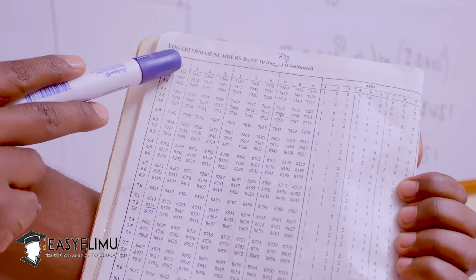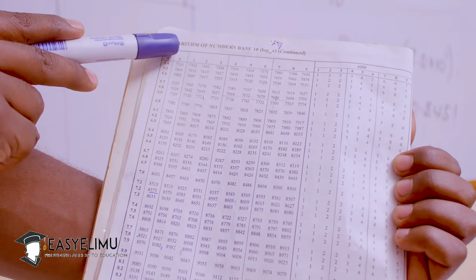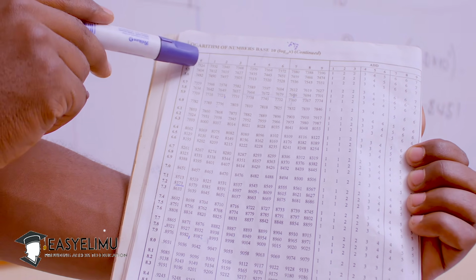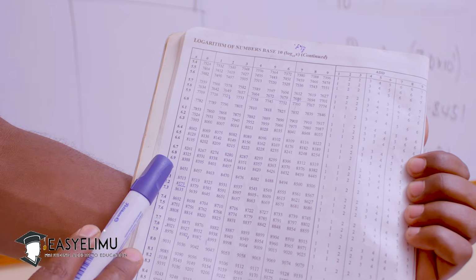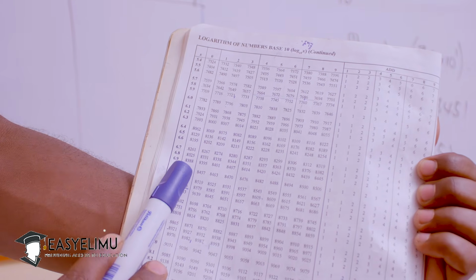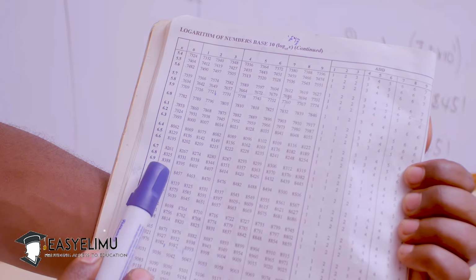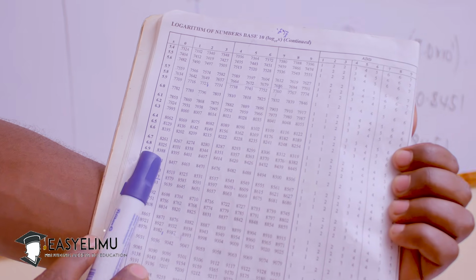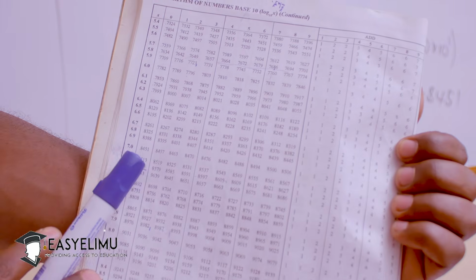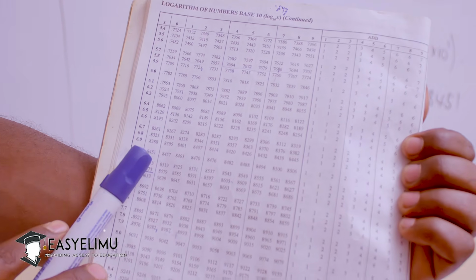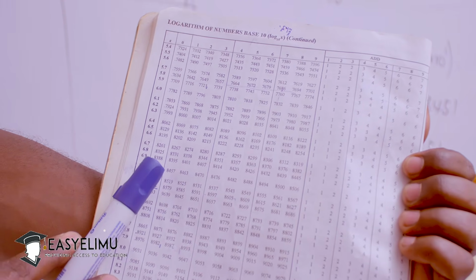And there we select 0. Under the column of 0, we run down until we find where it coincides with the row of 7.0. Where you find the row of 7.0, you take that value, and that will be the logarithm of 7.0. And for this case, we find it is 0.8451.